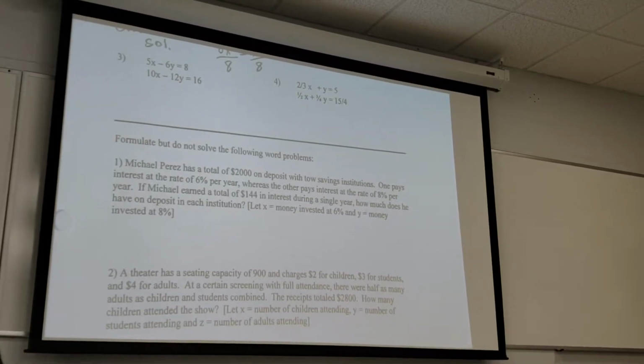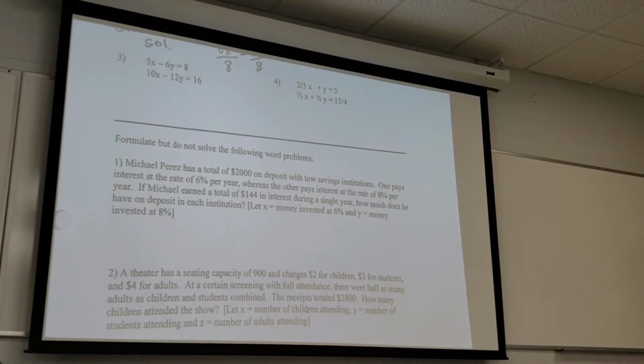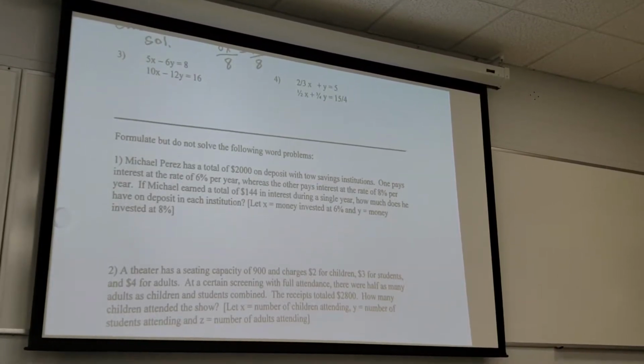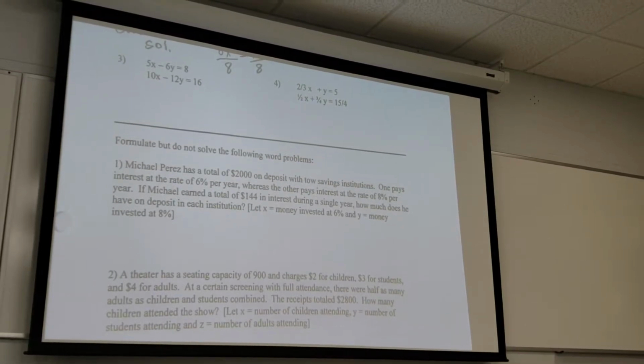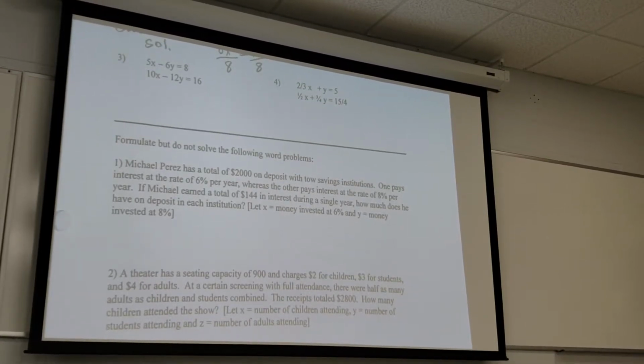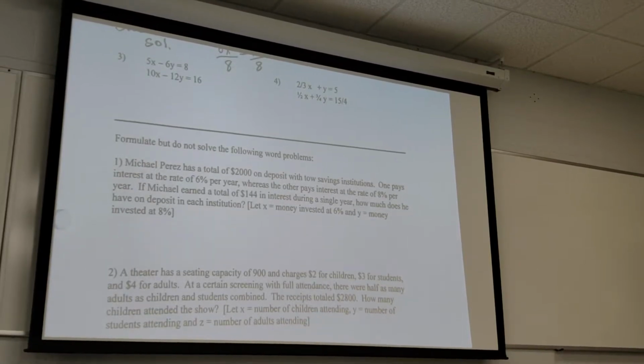The next one. 3x minus 4y equal to 7. 9x minus 12y is equal to 14. Let's get rid of the x's. I have a 3x and a 9x. Can I multiply something by 3 to get 9? Yes, but I want to make it a negative 9.